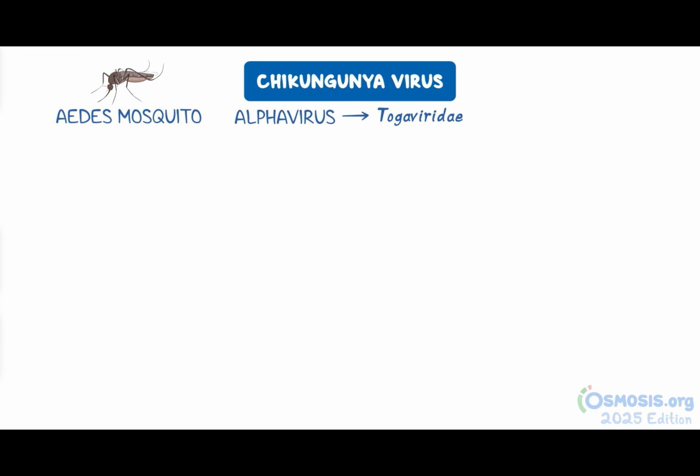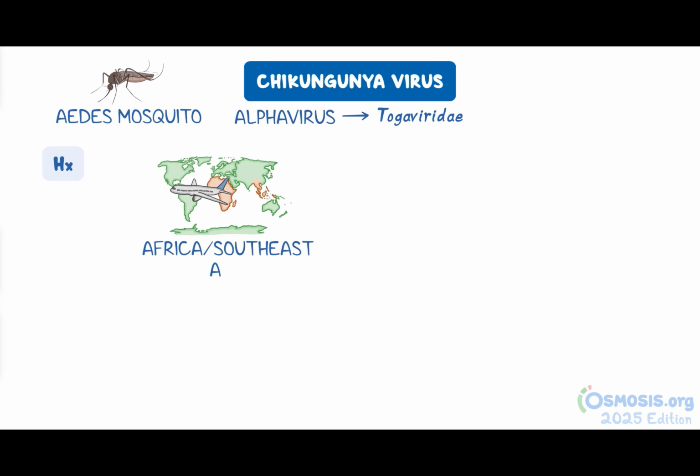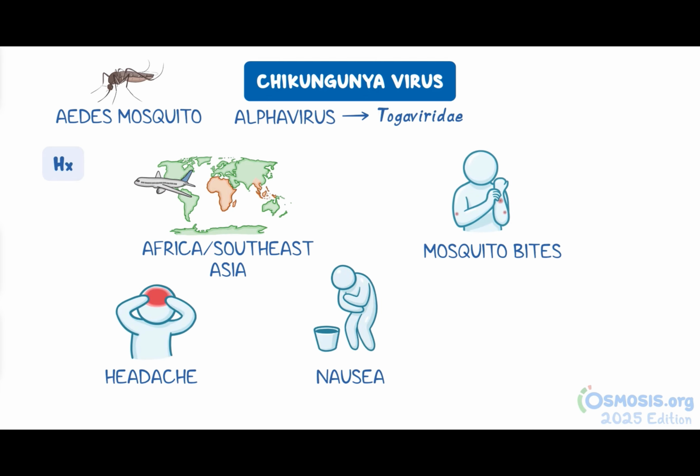Next up is chikungunya infection, an alpha virus from the Togaviridae family transmitted via an Aedes mosquito bite. Patients with this infection report travel from Africa or Southeast Asia, mosquito bites, headaches, nausea, and possible severe joint pain.